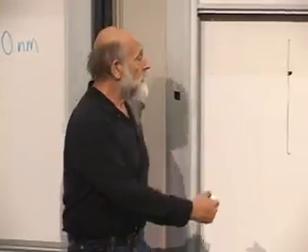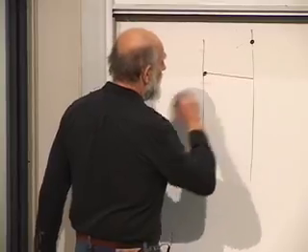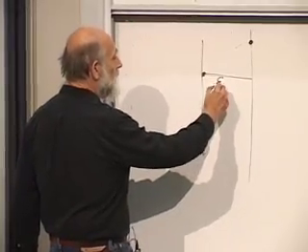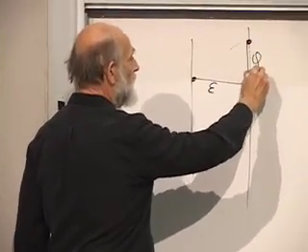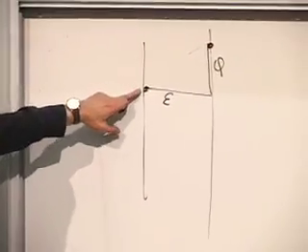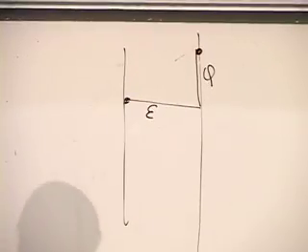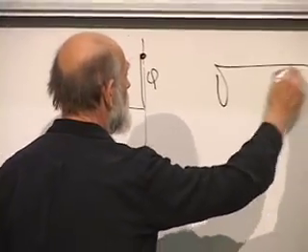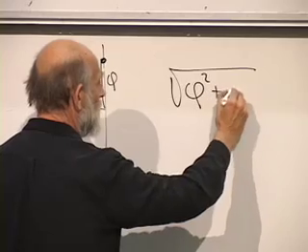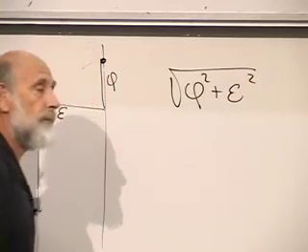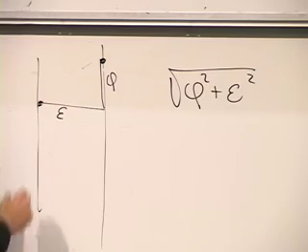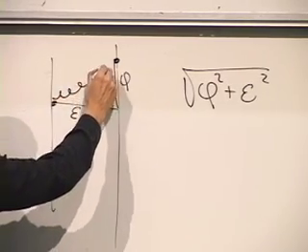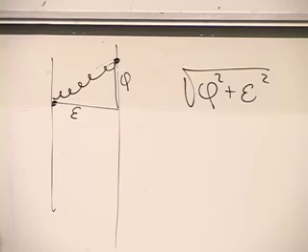Yeah, okay. So let's look at it. The horizontal displacement is epsilon, and the vertical displacement is phi. What is the distance between this point and this point? Well, it's the square root of phi squared plus epsilon squared, right? But the energy in the spring is not proportional to the distance, but the square of the distance.